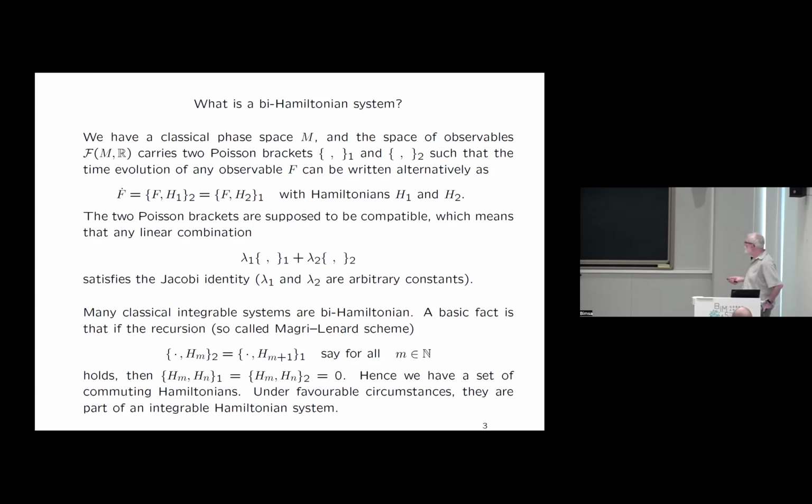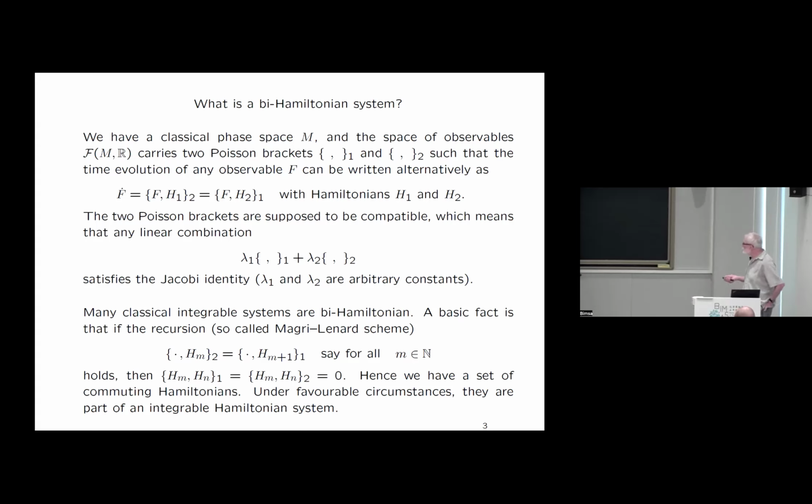And one basic fact here is the so-called Magri-Lenard scheme or recursion relation: suppose you have some series of Hamiltonians, H1, H2, H3, etc., and they satisfy this relation, where the dot means that you can put an arbitrary function, and so the Hamiltonian vector field of Hm with respect to the second bracket is the same as the Hamiltonian vector field of Hm minus 1 with respect to the first bracket.